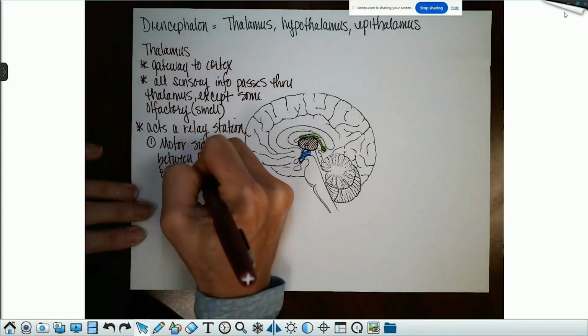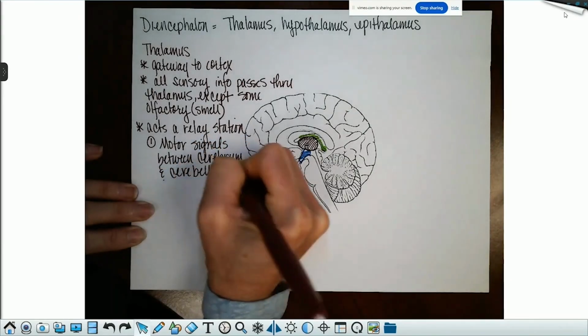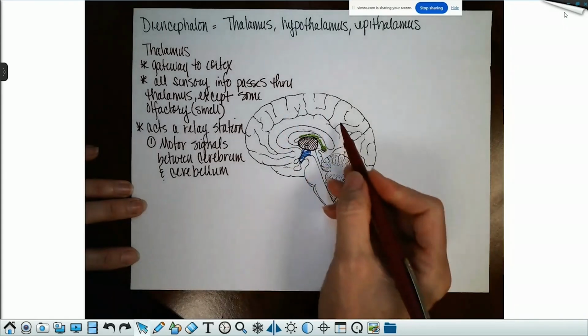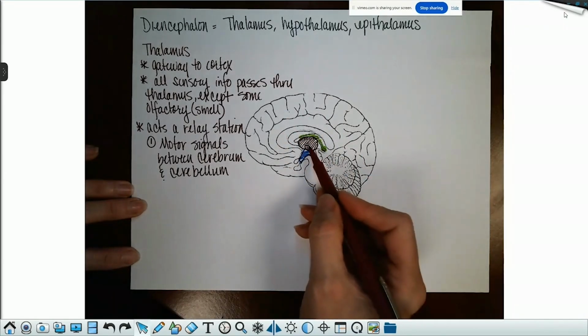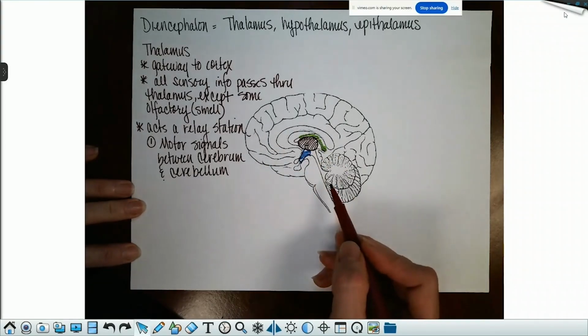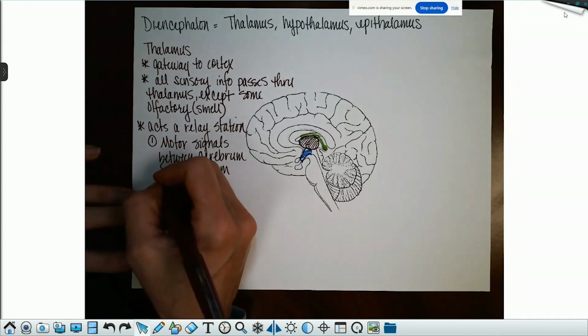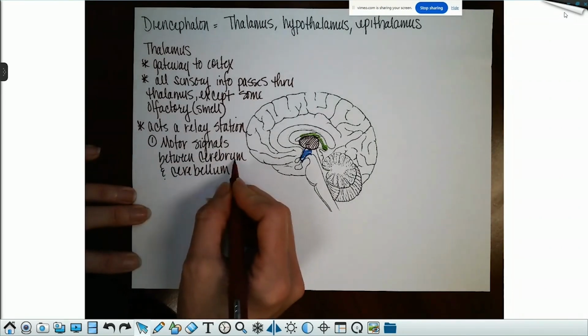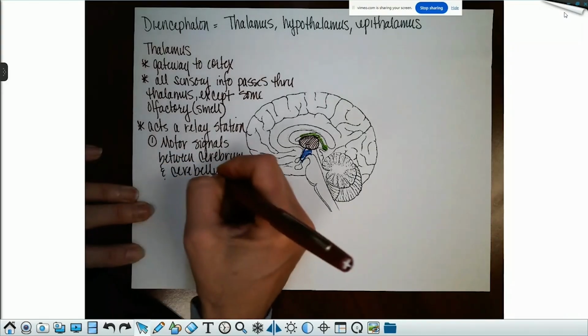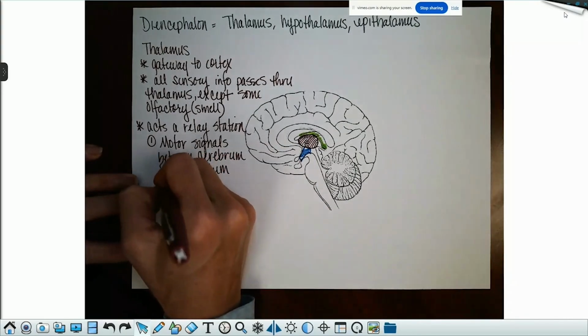So it's almost like a checkpoint. Information is relayed between the cerebrum and the cerebellum into here. It's like, okay, let me check this. Does this make sense? Does this go together? All right, it can pass. So it does that between the cerebrum and the cerebellum, and it also does it between the cerebrum and another structure called the basal ganglia.